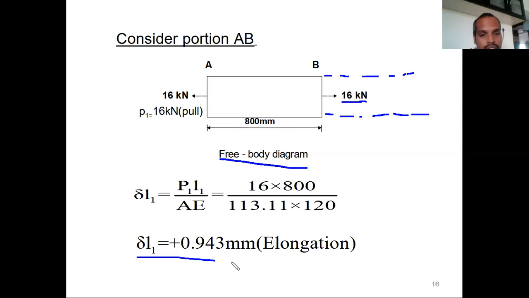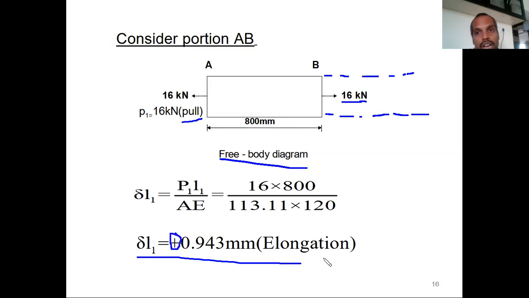So the change in length is 0.093 mm. This is tensile load, which means pull, and pull means elongation. That's why I am taking it as plus, because some members may be subjected to compression and some to tension. We have to add up the total, plus and minus, and consider the sign, elongation or contraction.